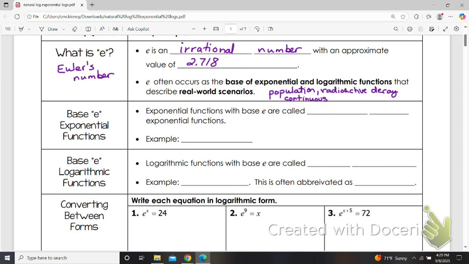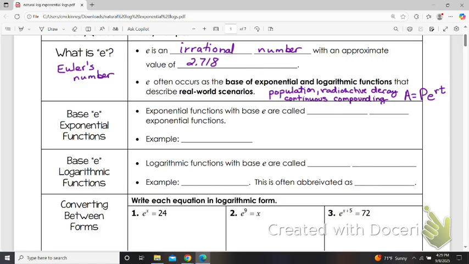So you might be given the formula to use for the population or the radioactive decay, and it may have E in it. If it says continuous compounding, then that means we use a different formula than our usual, and that formula is that the final amount is equal to the principal times E, and then R and T are actually in the exponent. So that's not really going to come up in these problems, but you are going to want that.